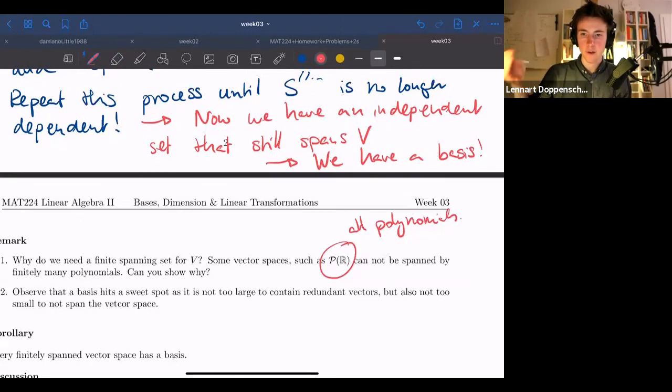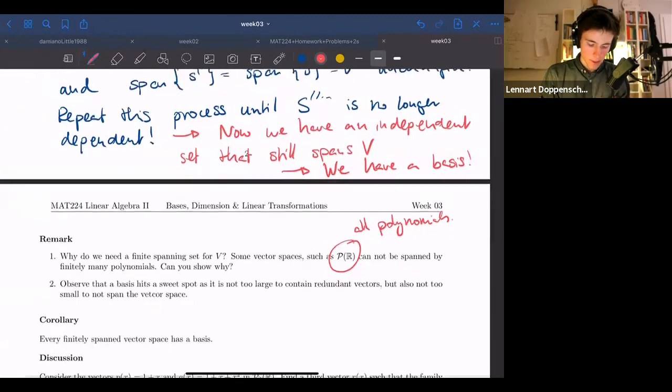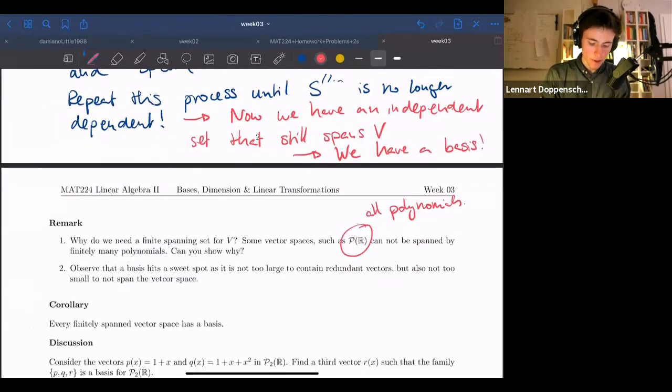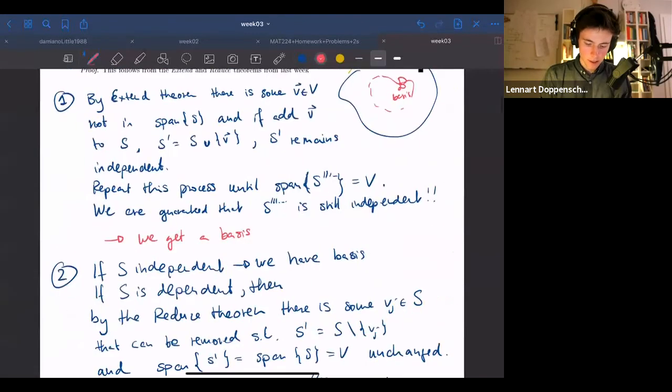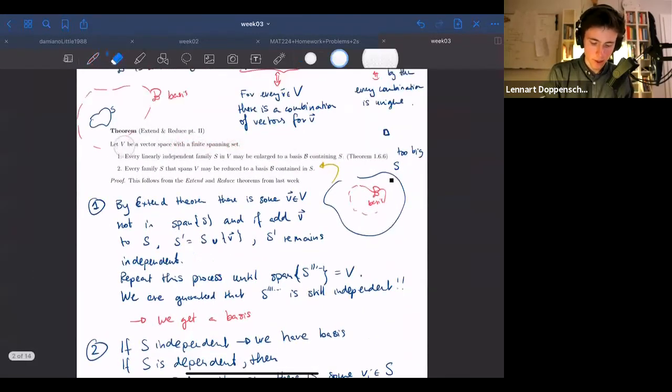You can always add x to the n plus 1, and so on, and you will never be done. So if we need infinitely many monomials to span something, then I don't want to talk about this in this course. There's some course about this, but if we get into this territory, which we'll later be calling infinite dimensional, then I don't really care about this in this course. So that's just a technical issue, that this assumption has to be made.